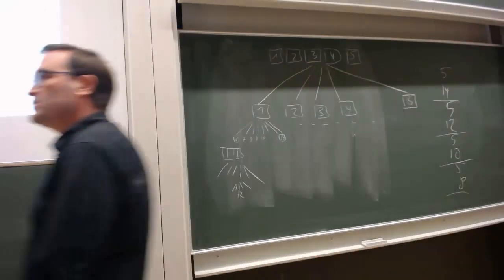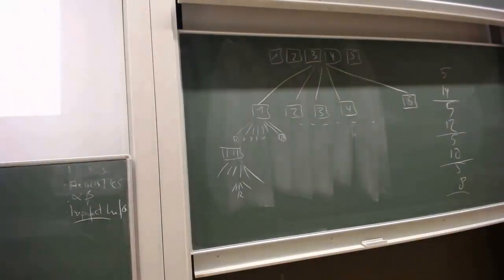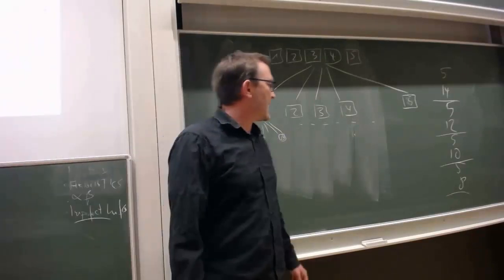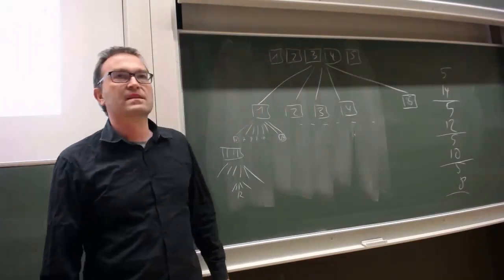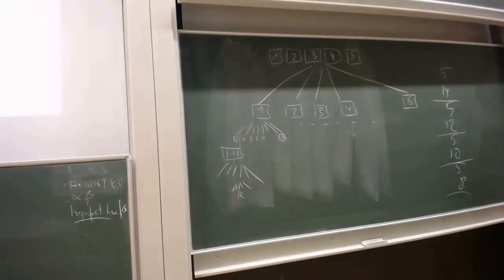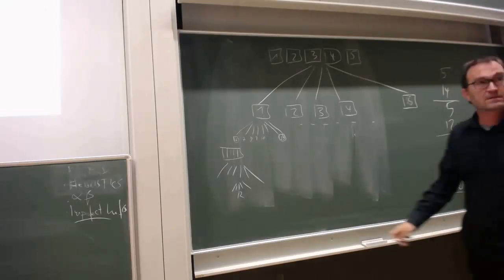I thought it would go down quicker than that to 0 cards on the unknown. So basically, this would then have to be multiplied, so we would have 5 times 14 times 5 times 12, 5 times 10, and then at the end we would get to the perfect information min-max.